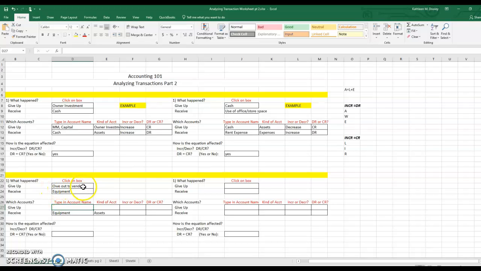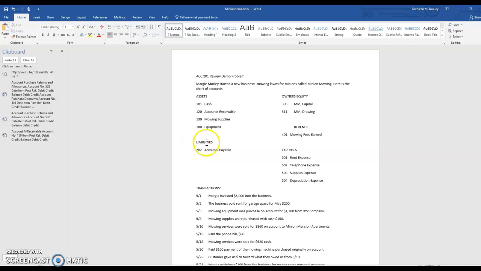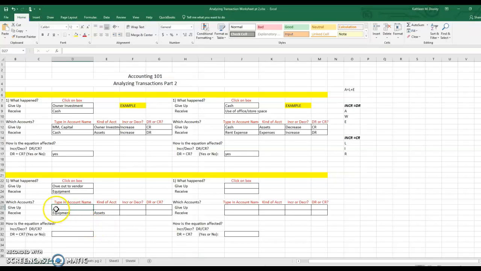Okay, now I need an account for the give up, which is owe out to vendor. So I look back at my chart of accounts. Here, liabilities. When we owe out to anybody, that's liabilities. And that is, therefore, accounts payable is our only liability account, so that makes it easy. Accounts payable is an unwritten promise to pay in the future. Okay, what kind of account is it? Well, we just said it's a liability.